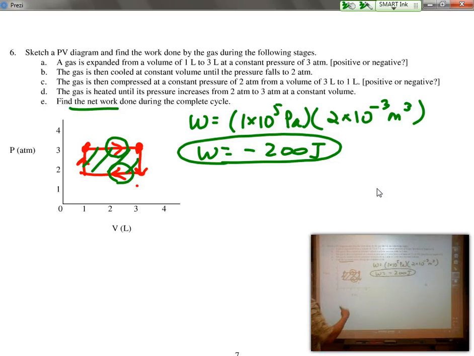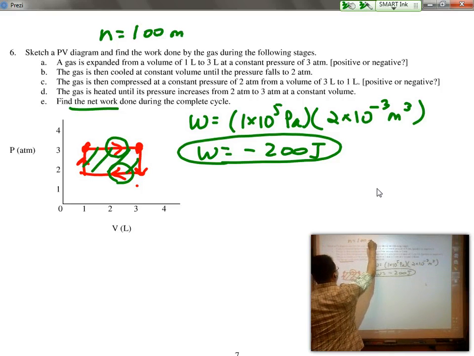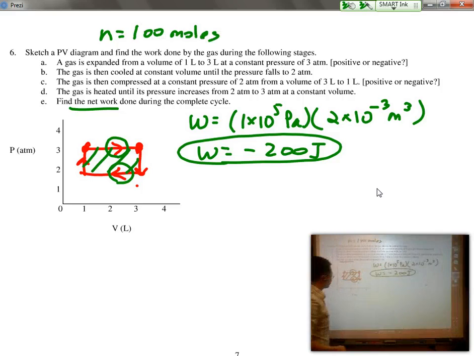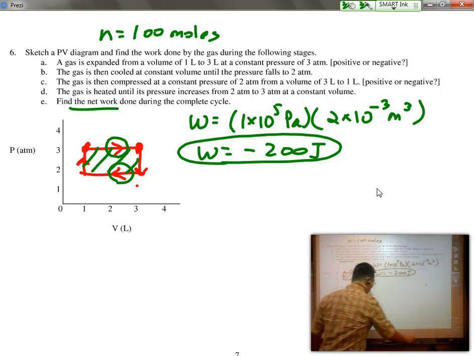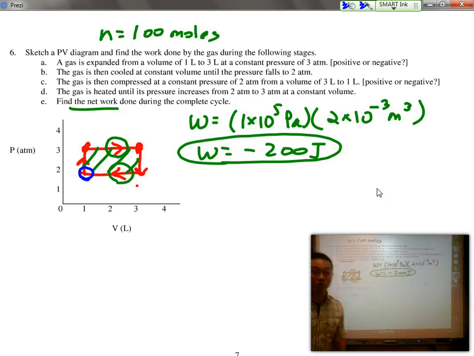So overall, let's say that there are a total of 100 moles of gas, and I want to find the temperature at that bottom left corner. Okay, so the temperature at the bottom left corner will simply be solved for using PV equals nRT.